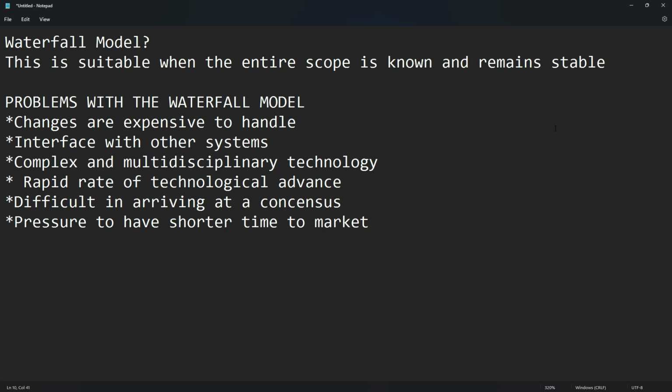There are more functionalities you can add to your system to make work easier, but you cannot add those things because you used the waterfall model. If you wish to do that, then you have to start from scratch, or it will be very, very expensive to add it to your current system.